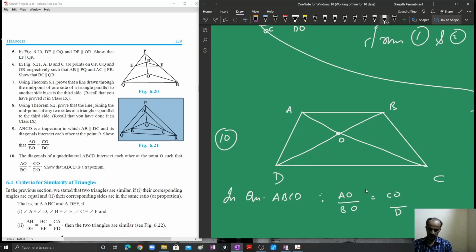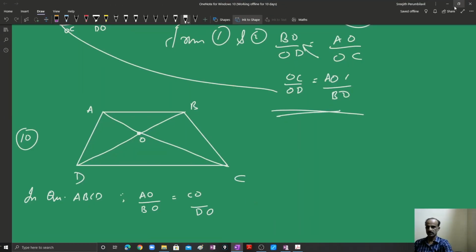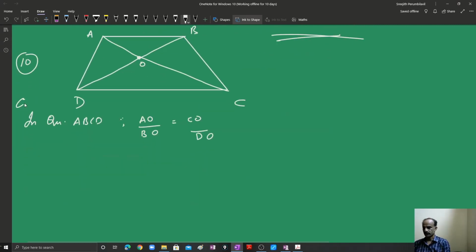Show that ABCD is a trapezium. This is the given part.